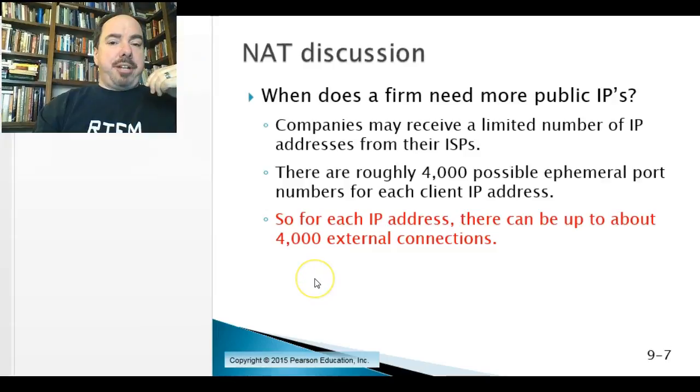4,000 different simultaneous connections. Now, keep in mind that doesn't mean that 4,000 clients can be talking on the internet through one public IP address, because each client actually has multiple connections. You know this to be true if you pull up your task manager and look at your processes. Chrome alone is taking up, depending on how many tabs you have open, 10, 12, 20 simultaneous connections.